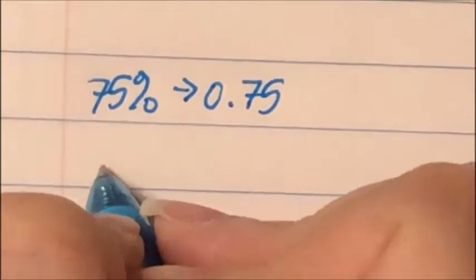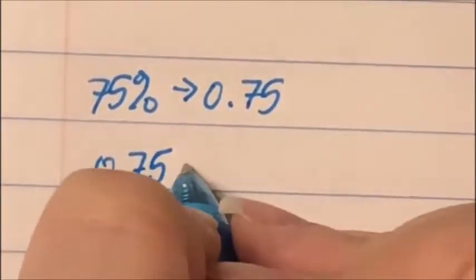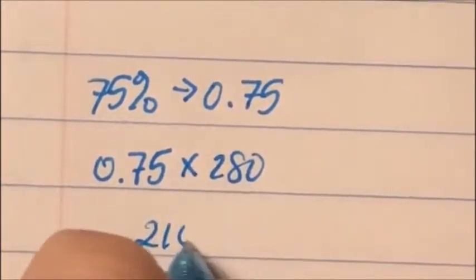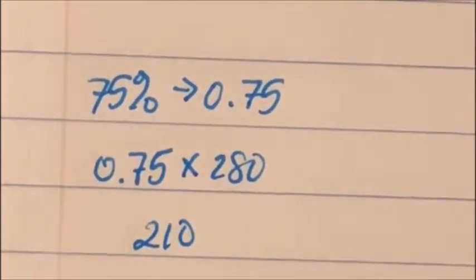Okay. Then I have 75% of 280. Change to a decimal. 0.75 times 280 gives me 210. So 75% of 280 gives me 210.